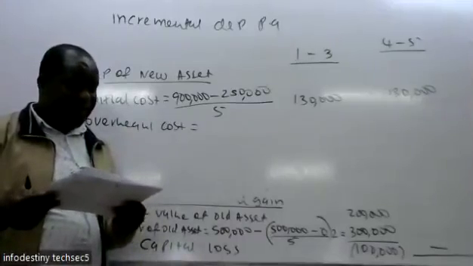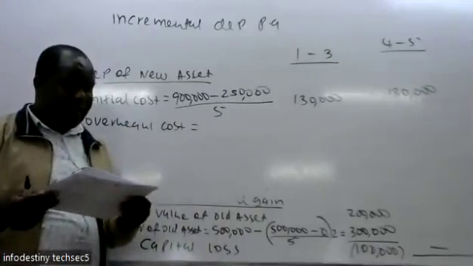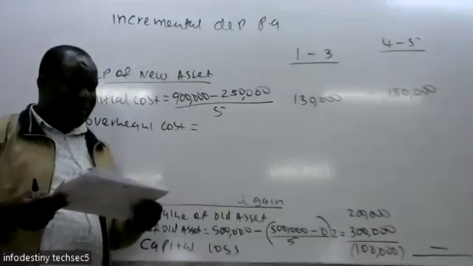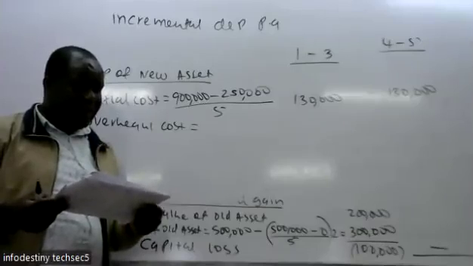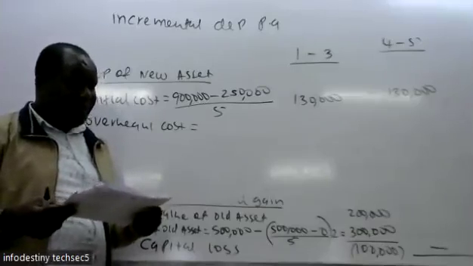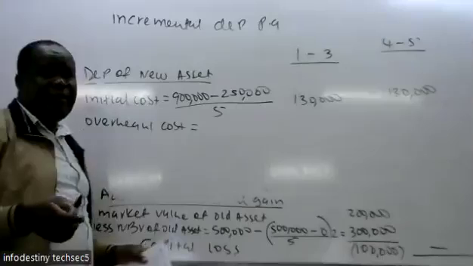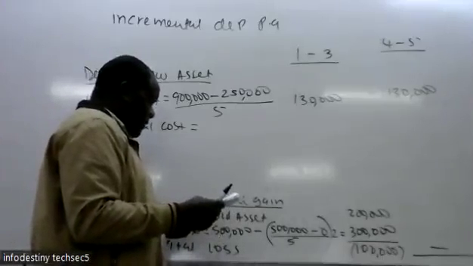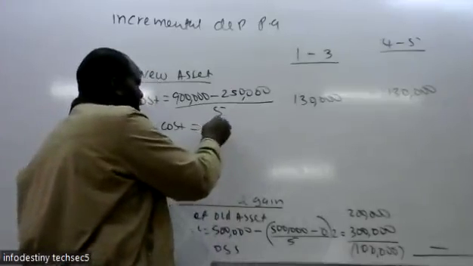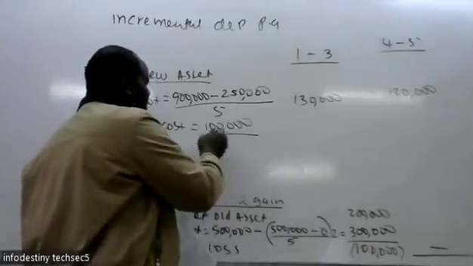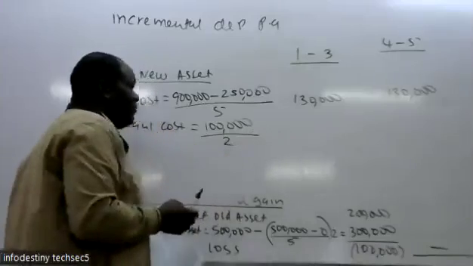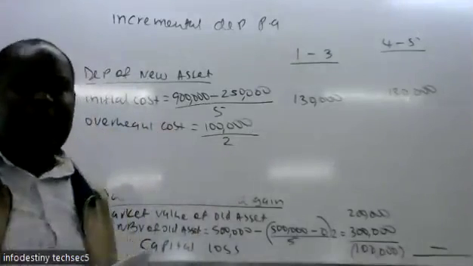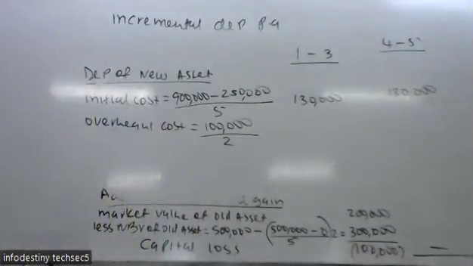So the overhaul cost is to be amortized on the straight line basis over the remaining economic life. That amount was 100,000, incurred at the end of year 3. The remaining economic life is 2 years, so when you take 100,000 divided by 2, we shall get the value.